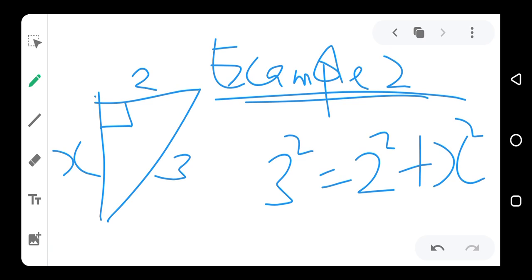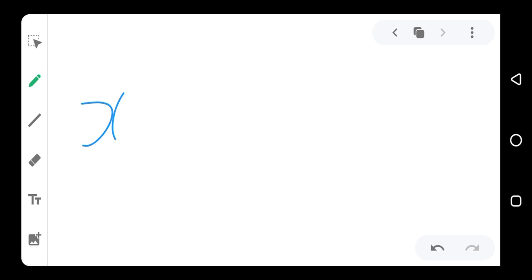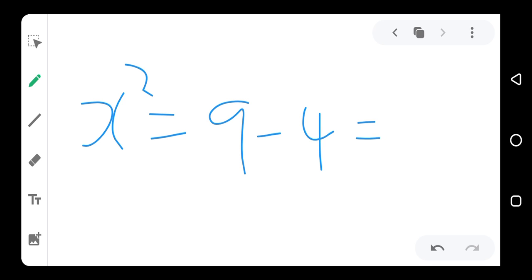3 squared is 9, which is equal to 2 squared, which is 4, plus x squared. Now x squared is equal to 9 minus 4, which is equal to 5.